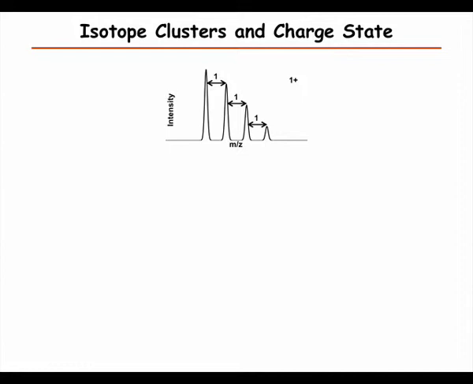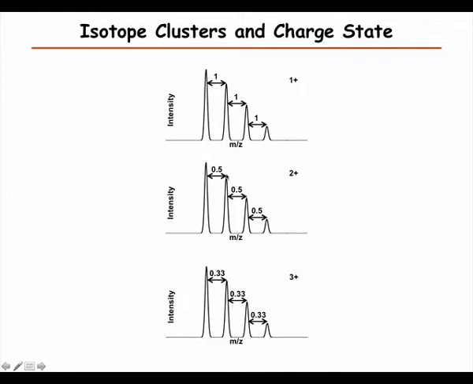So then, as we said, we're always measuring mass to charge, but because we have these isotope clusters, we can determine what the charge is, and then we can calculate what the mass is. If we have 1 plus charge, the difference is 1 Dalton, or 1 m/z unit here. If it's 2 plus, it's 0.5, and 3 plus, 0.33.